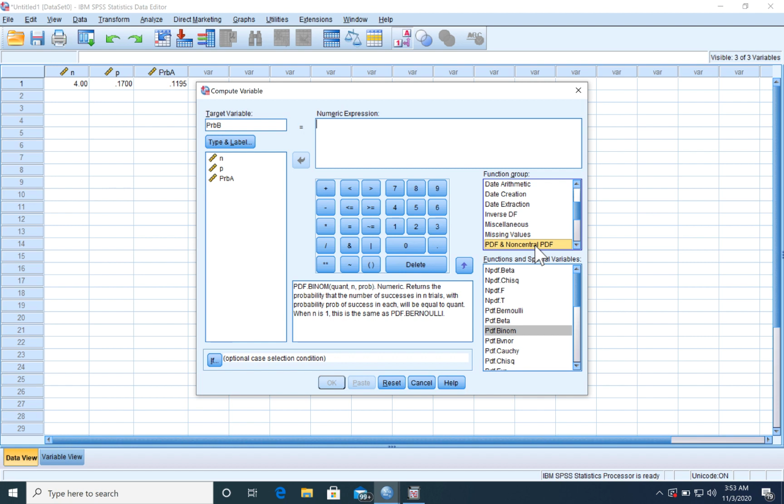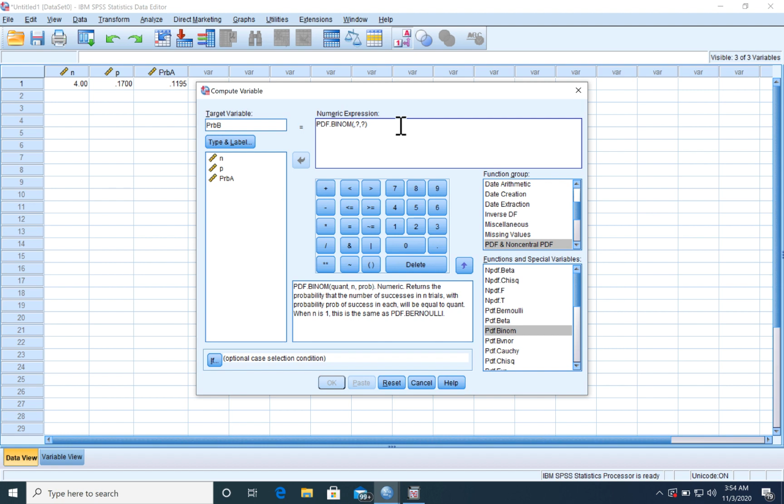We go to PDF, non-central PDF, PDF binom. And basically, if we want at least 2, that means 2 or more.